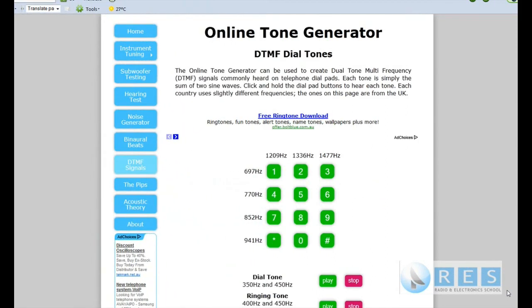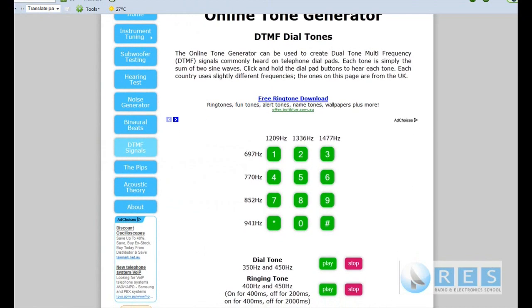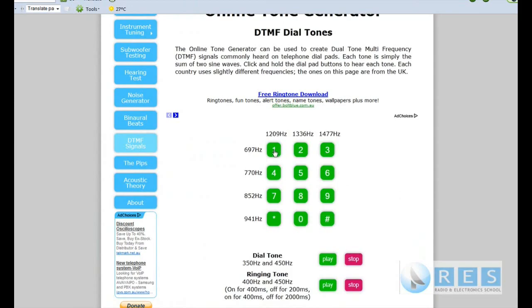I've just gone to that website quickly that was on the last slide to let you hear for yourself what DTMF tones sound like. There are actually two tones. So number one, for example, is 1209 hertz plus 697 hertz. They're both sine waves. And these are all audible, they're all in the hearing range. You do not have to remember these numbers. This is just for a bit of fill-in.